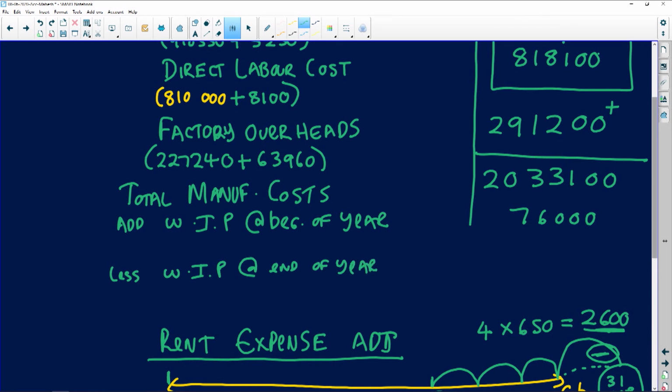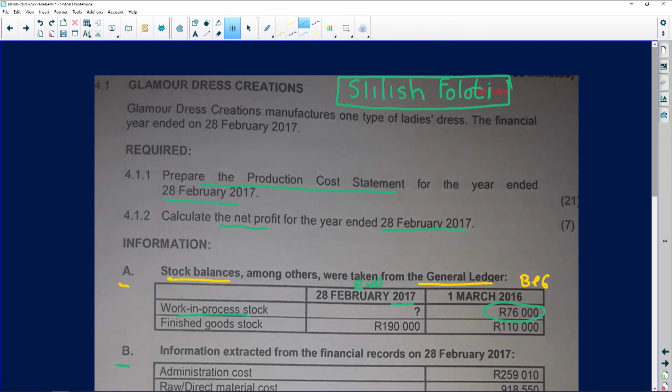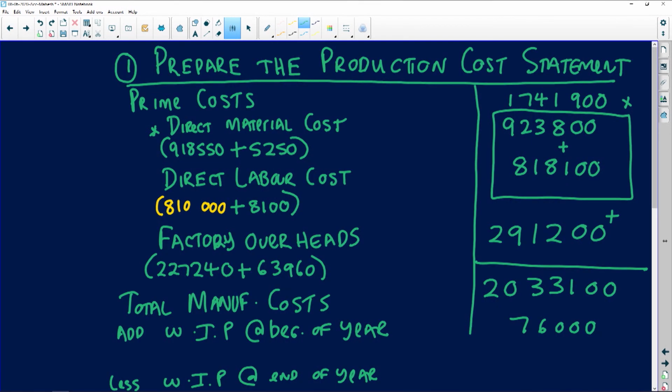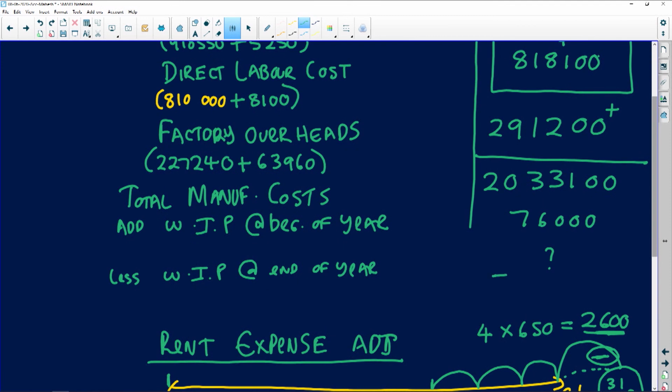Right, now if I go back to the information, immediately I notice that this figure is not given to me. Okay, so clearly this figure is missing. So work in progress at the end of the year, not given to me. And also looking at the information, they're clearly not giving me my total cost of production. Okay, so I want to just fill that in.